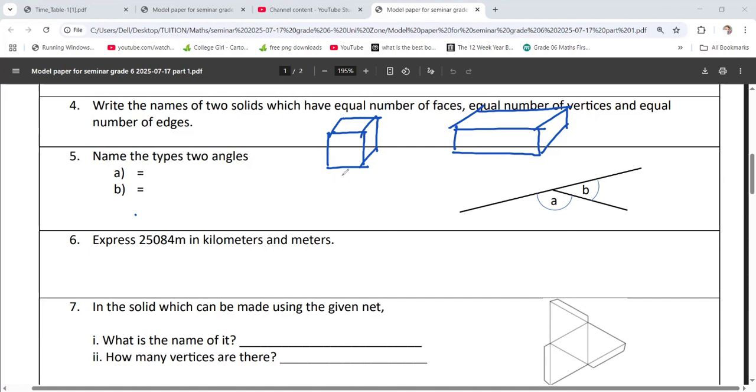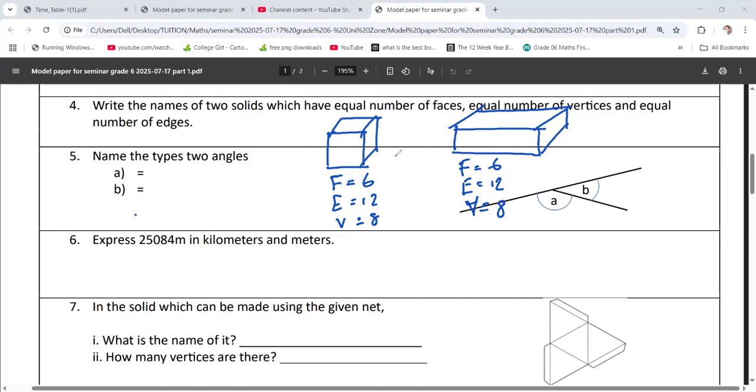In the cube, the number of faces is 6, number of edges is 12, number of vertices is 8. In the cuboid also, number of faces is 6, number of edges is 12, number of vertices is 8. So in both these two solids, you have equal number of faces, equal number of edges, and equal number of vertices.